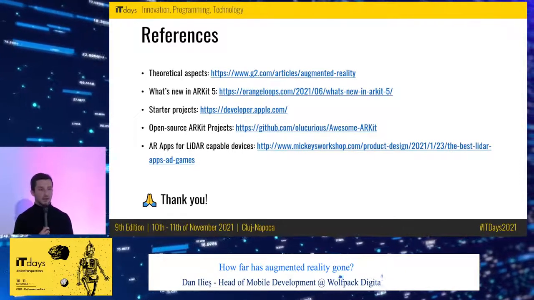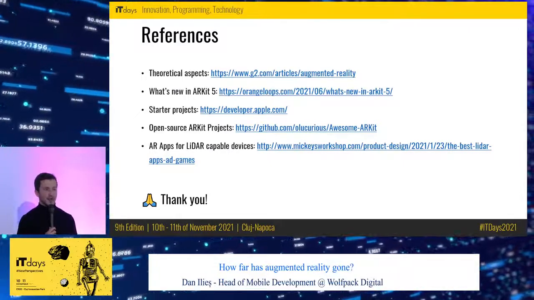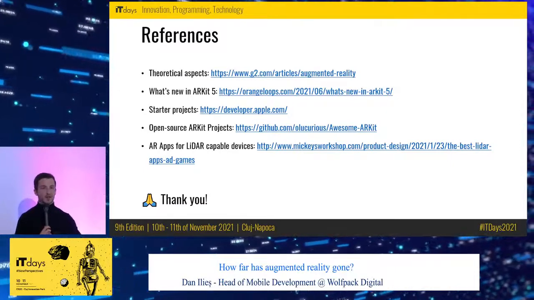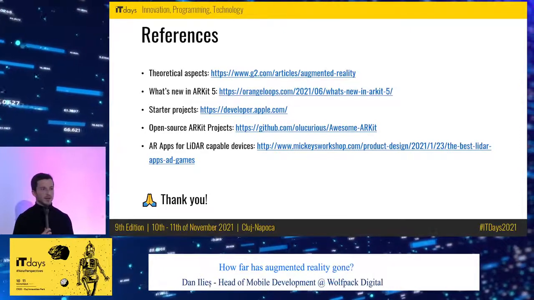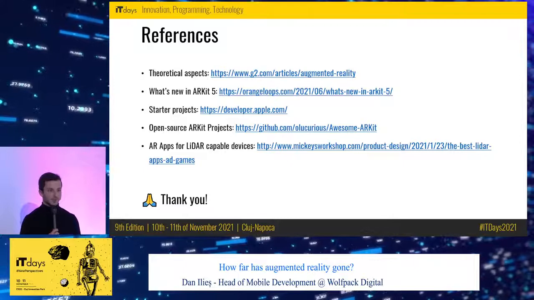And if you want to see some more complex apps, you can check Awesome ARKit on GitHub. They have a lot of projects there, and some of them are really complex, like mapping the solar system and things like that. So it's a very cool collection of augmented reality projects.